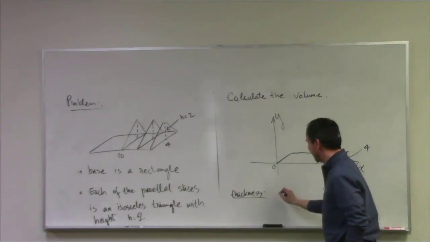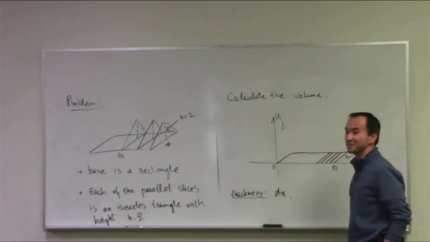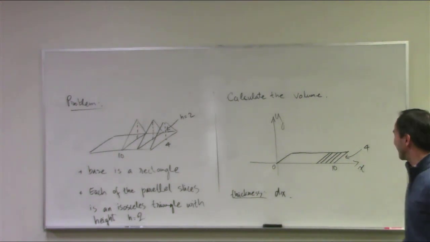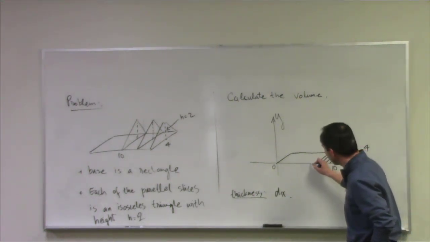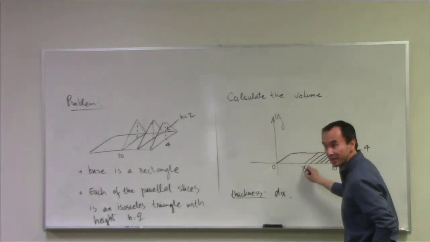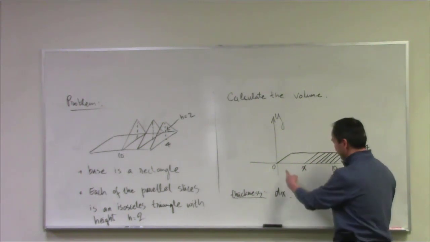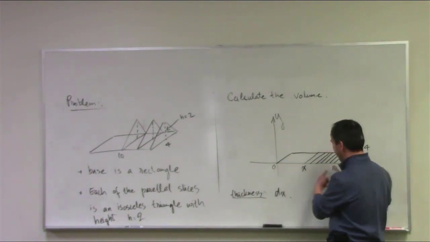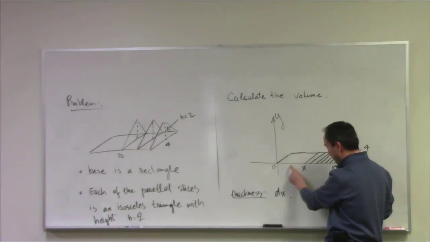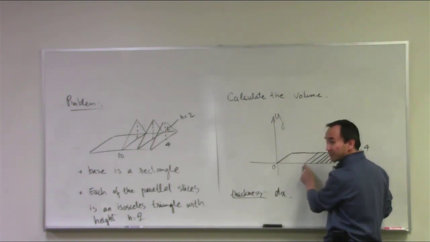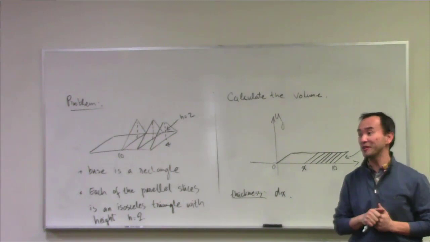Okay, and the thickness is dx. Are we good? Okay. And so anywhere that you place your slice here is an x value, right? And the x value is anywhere from 0 to 10, but anywhere you place your slices, it's right at one spot on the x-axis. That's why it's at some x value. You guys agree with me on that so far?